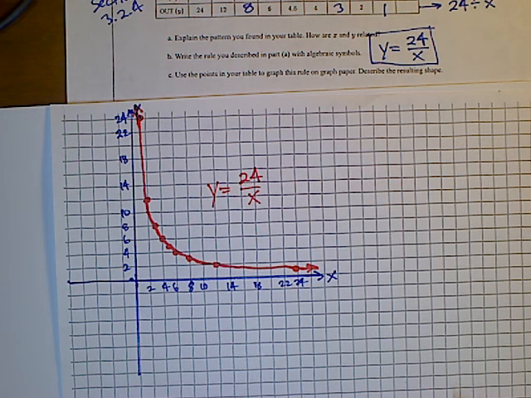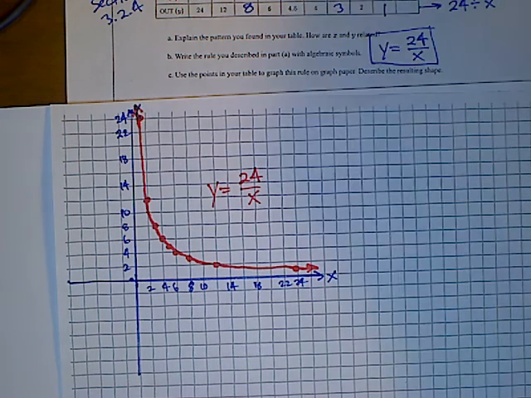It looks like the pattern is a curve like so. Now, does it continue on? Could I put a value in here of 1/2 into x? Yeah, if I put 1/2 in, I'm going to get 48 as y. So really it does continue. I'll just throw some arrows, and then could I put a value of 48 into x and get a value for y? I should. I'd have a half.